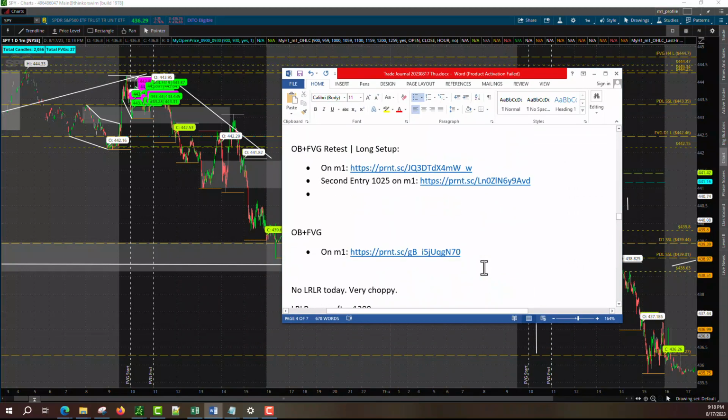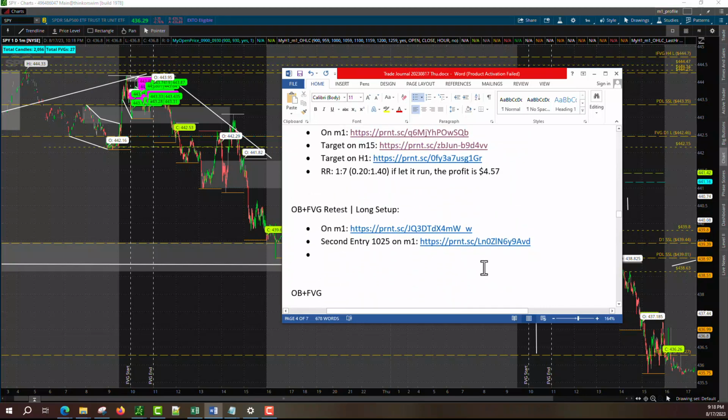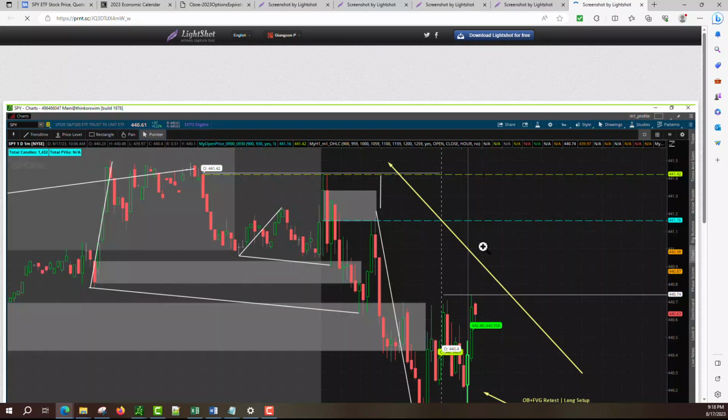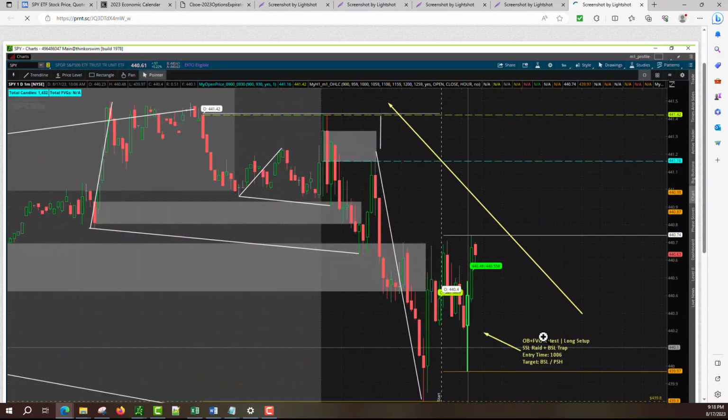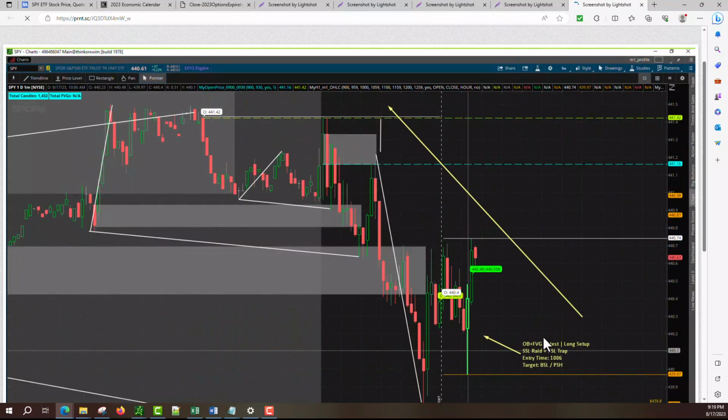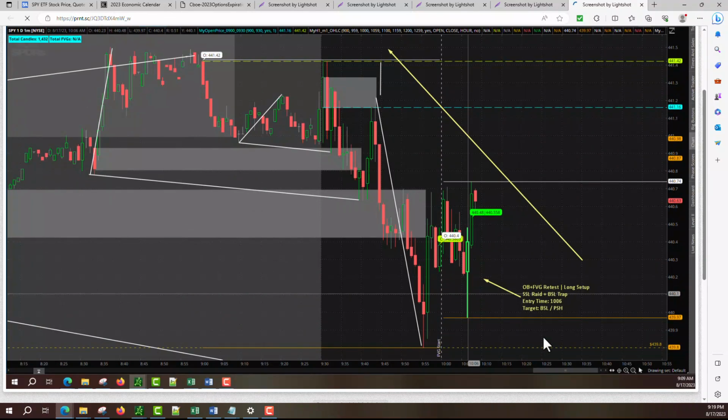Okay, so here is the second practice trade that we saw on the 1 minute time frame. It is an order block long setup, right?